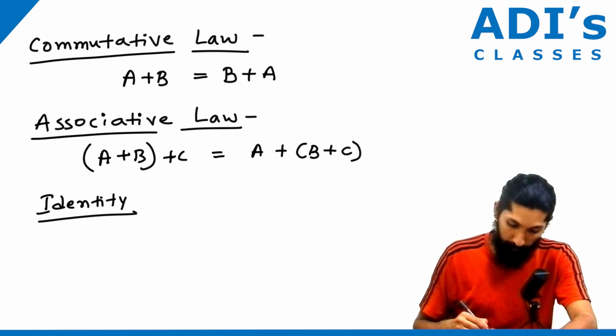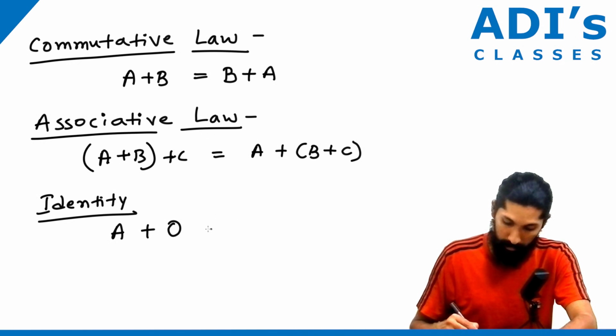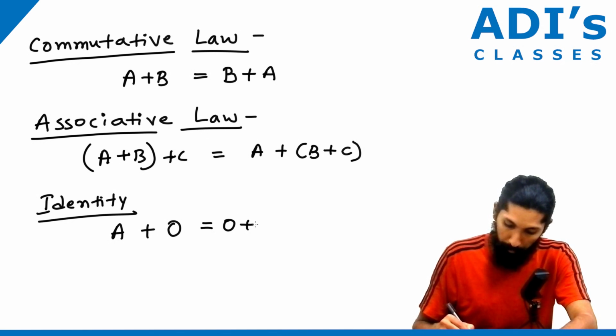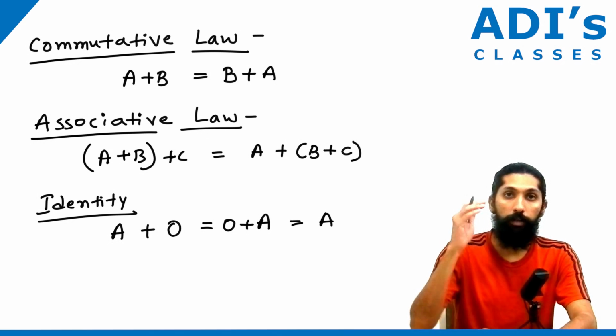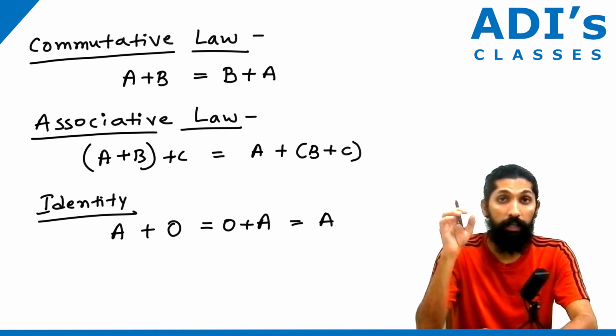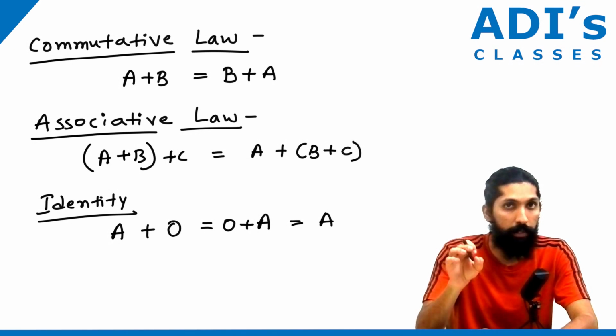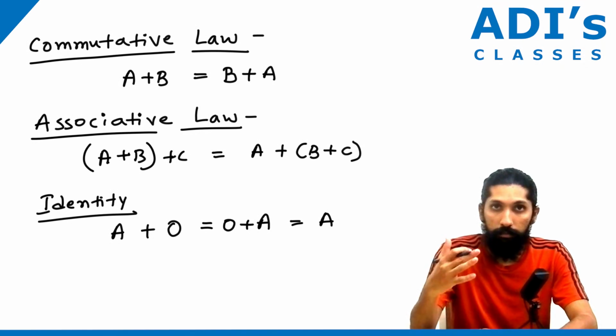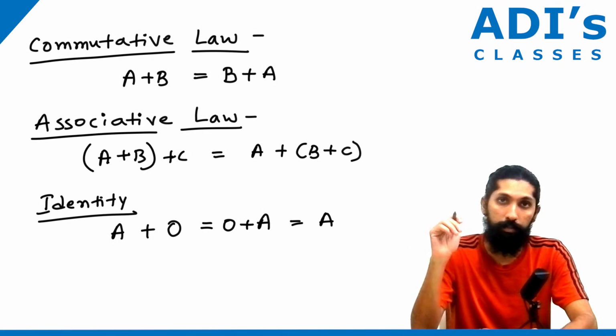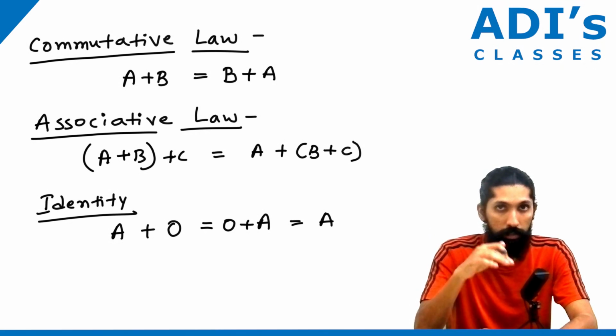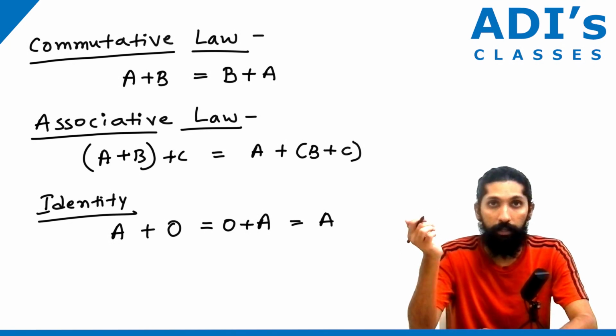That means A plus the 0 matrix is equal to 0 plus A, which is equal to A itself. When you add the null matrix to the given matrix, you are going to get the same result. So this is the existence of identity.